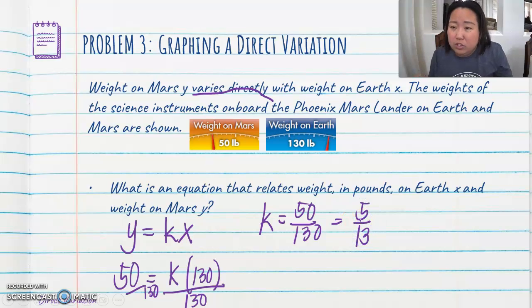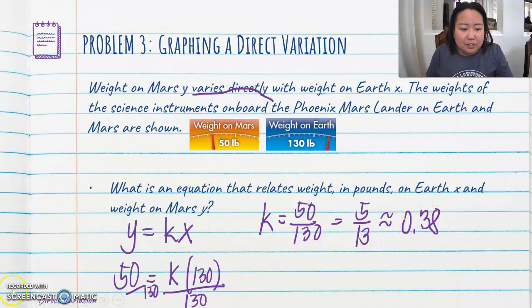You can also change it to a decimal if you must. Just be flexible, depending on what Math Excel would be asking from you, whether it is going to be in fraction form or in decimal form. In decimal, if you do 5 divided by 13, this is roughly around 0.38.